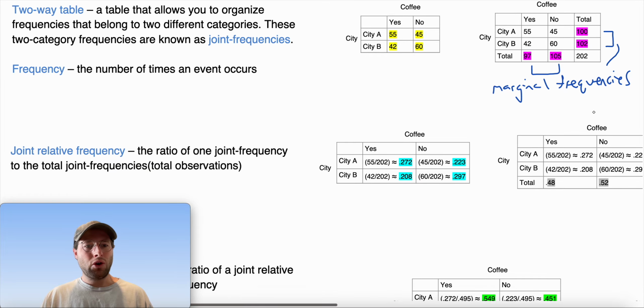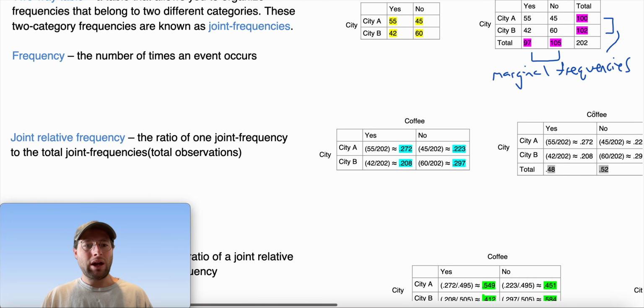Okay, so let's move on. Now we have joint relative frequency. Joint relative frequency is the ratio of one joint frequency to the total joint frequencies, or total observations.